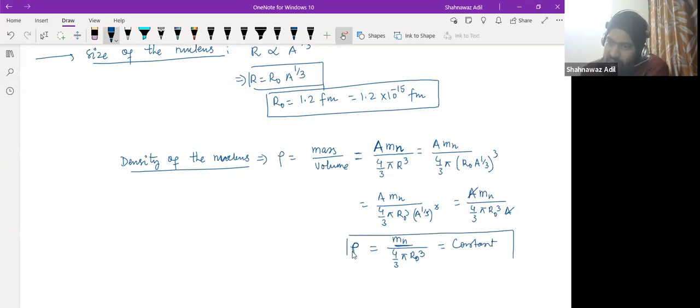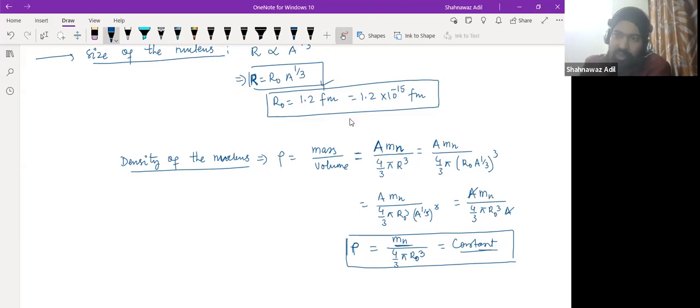So the density of all the elements remains the same, but the radius of the nuclei of different elements changes, while the density of the nucleus of different elements doesn't change. So that is why the density of the nucleus is the same for all.